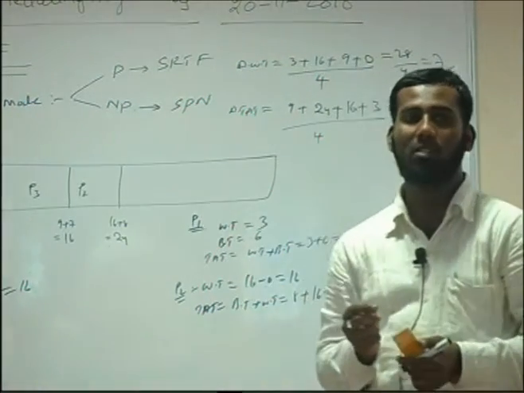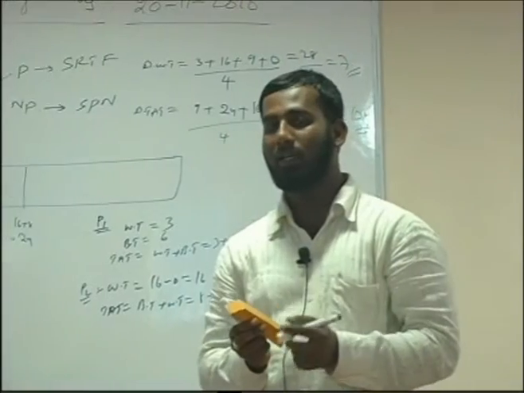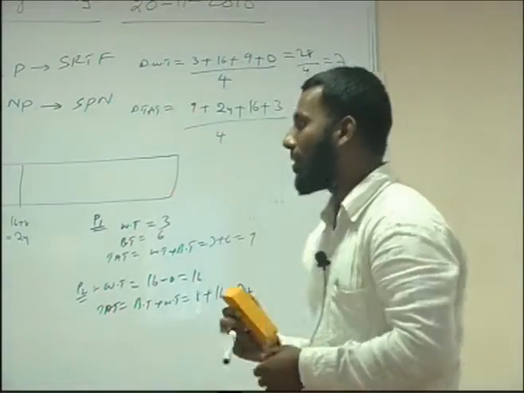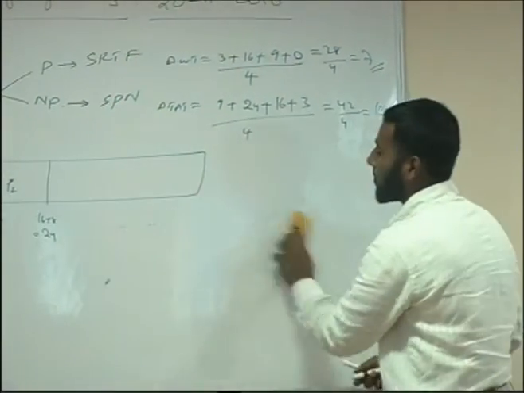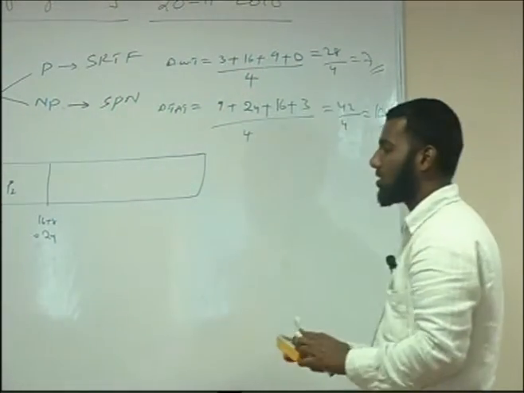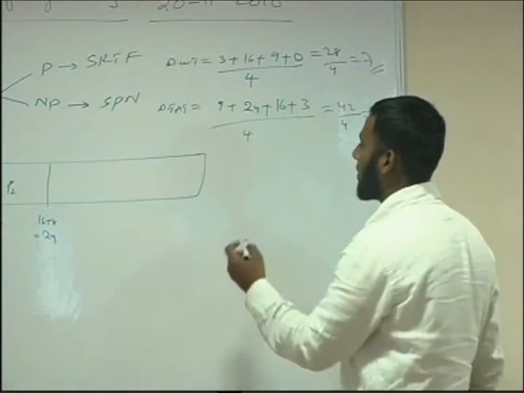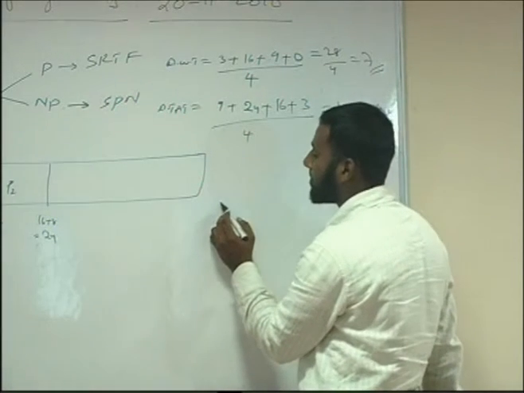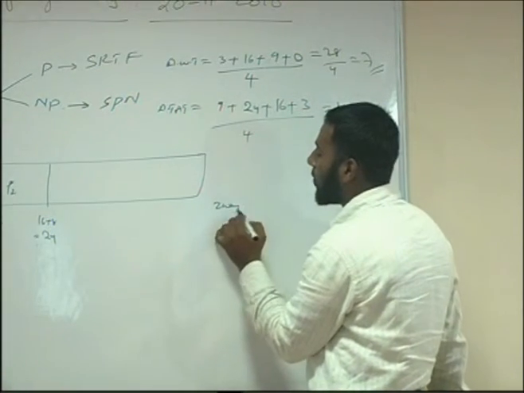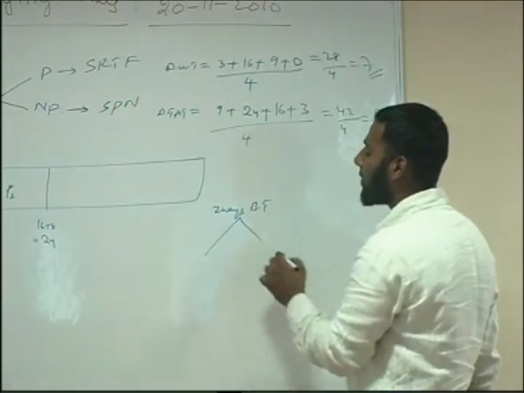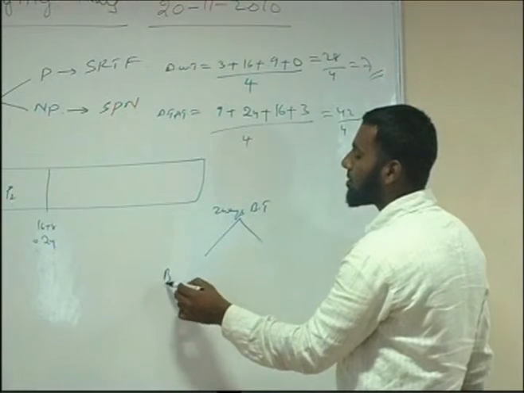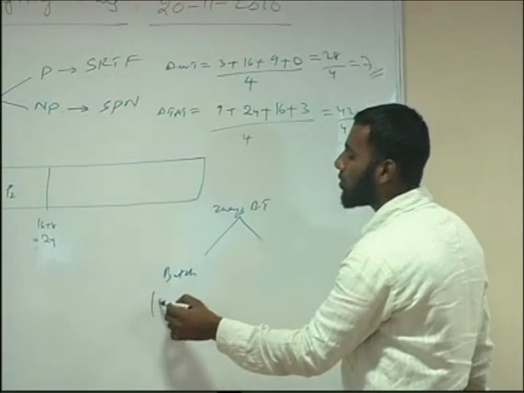There are 2 ways in which the burst time for the process can be calculated. One is in batch systems, generally the user will specify.